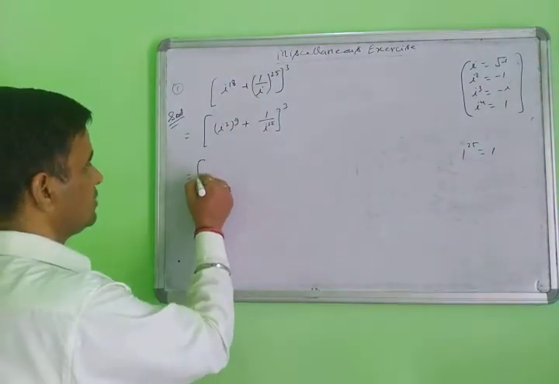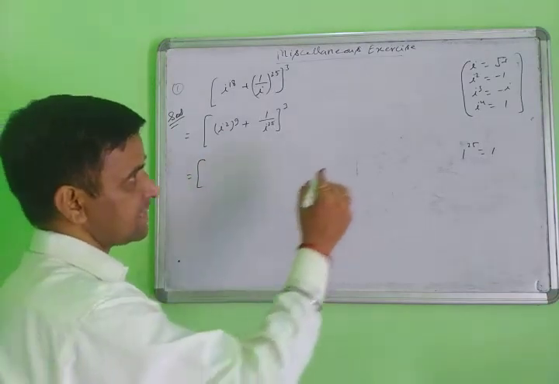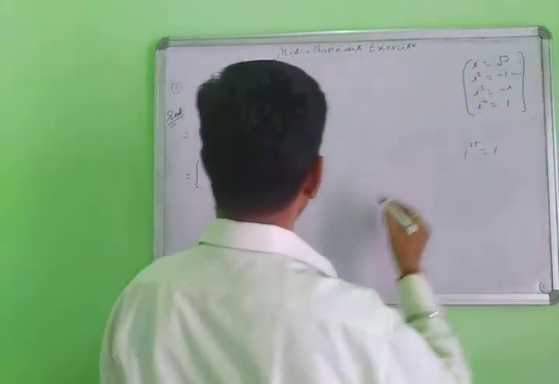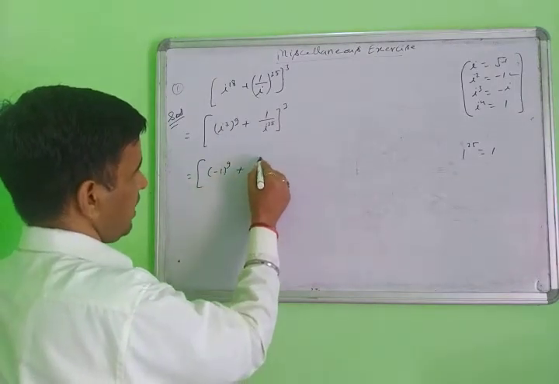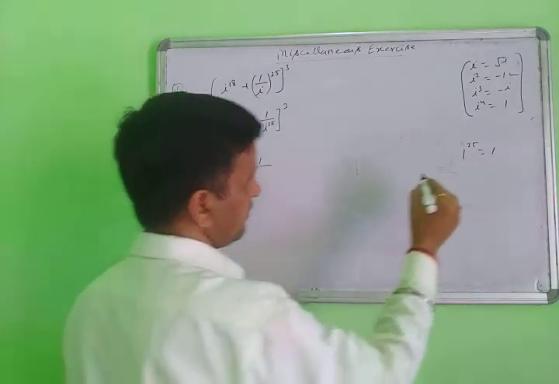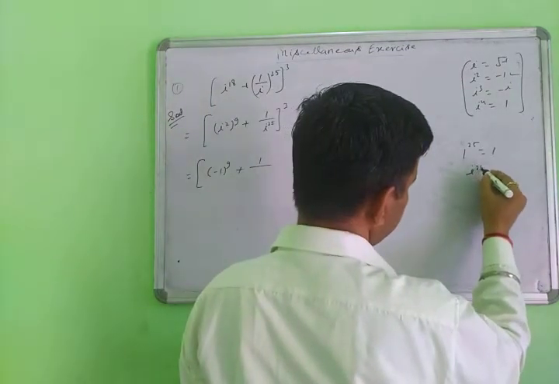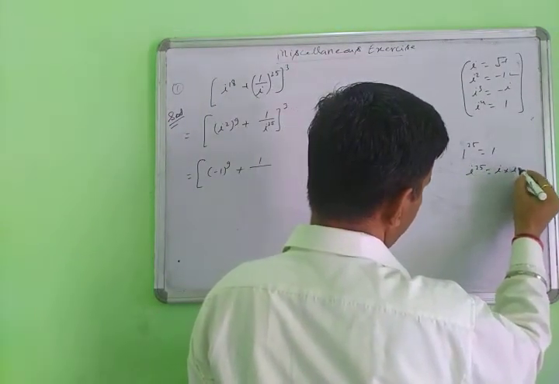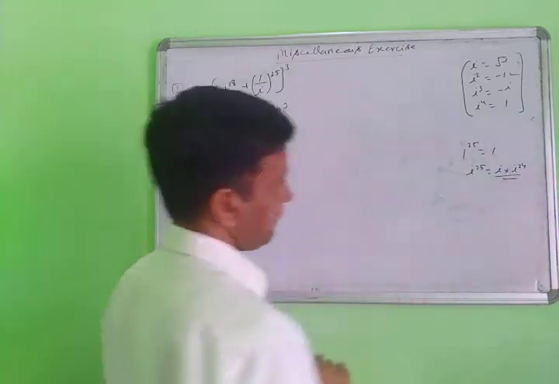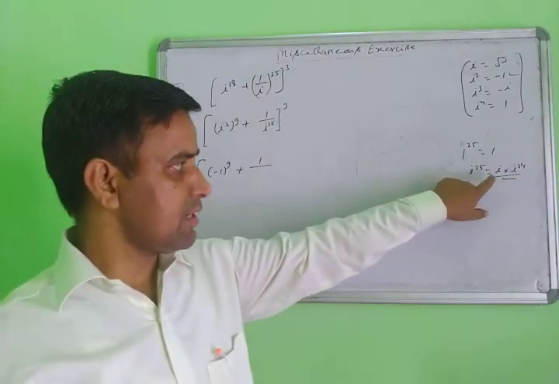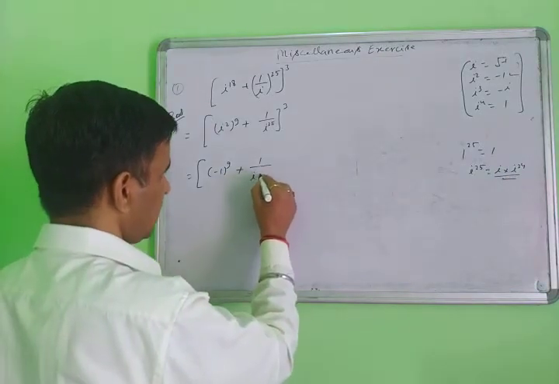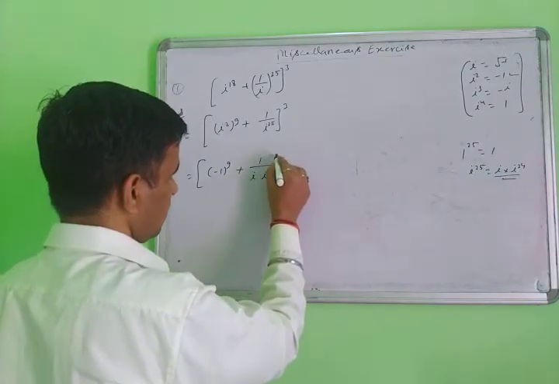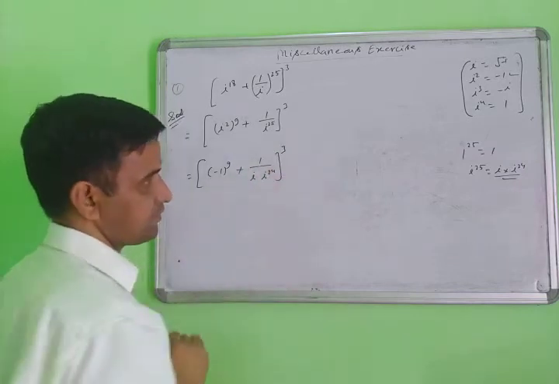The value of iota square is minus 1, so it is minus 1 whole power 9, plus 1 upon iota 25. I break down iota 25 as iota into iota 24, and the whole power is 3.